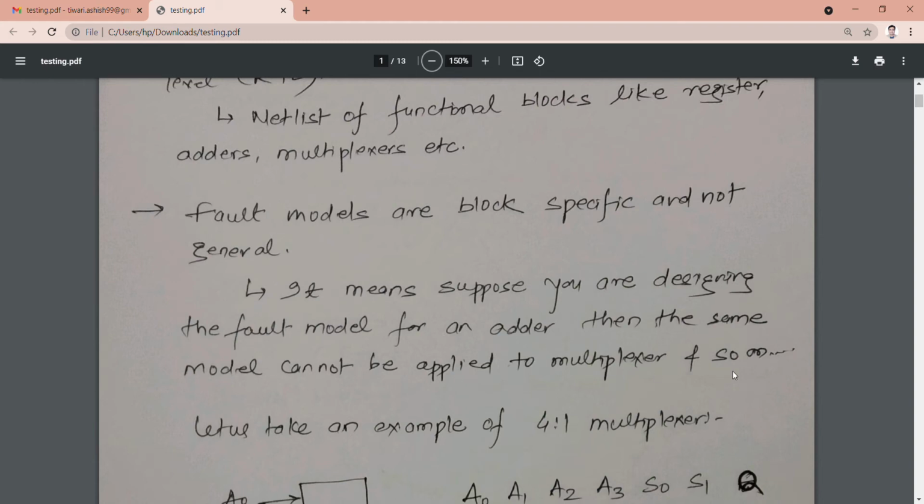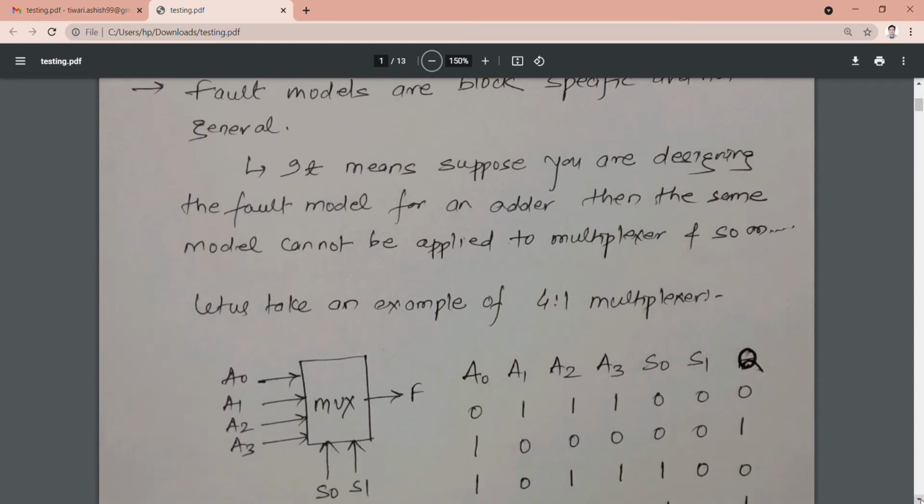It is very simple to understand because the functionality of the adder is not similar to the subtractor, or to any other decoder, encoder, or multiplexer. So each time you design a functional level fault model, there has to be a difference between the models so that you can efficiently test the faults for that particular combinational circuit.